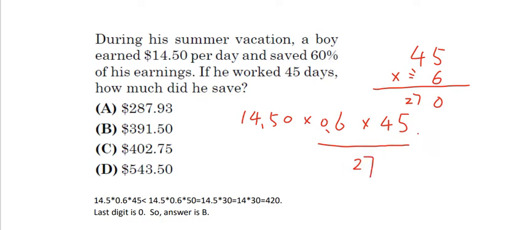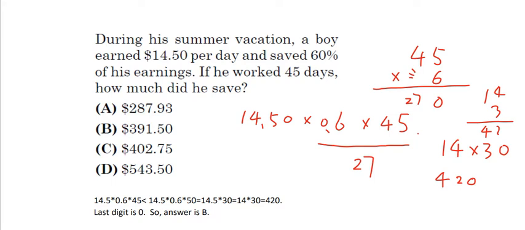Okay, so we just estimate. Let's say 27 is less than 30. So let's say 14 multiplied by 30. Let's say 14 multiplied by 3 is like 42, so 420. So this should be less than 420.